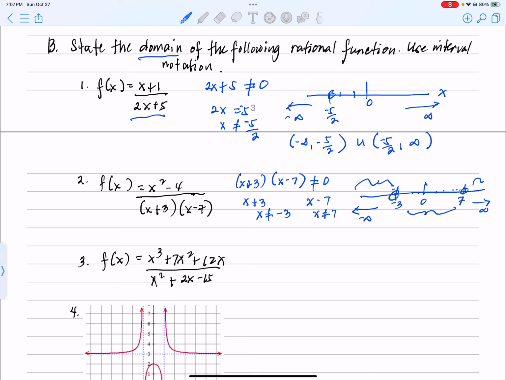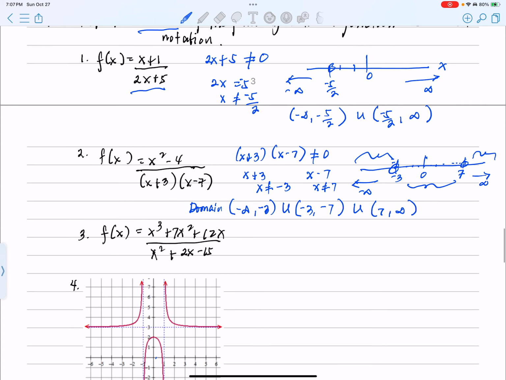And from 7, the interval from 7 to positive infinity. So our domain would be the interval from negative infinity to negative 3, the interval from negative 3 to 7, and the interval from 7 to positive infinity. That is the domain.